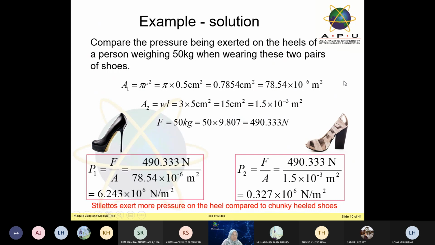So as a conclusion, sometimes the question will ask you what you can conclude from your calculation. You need to give one conclusion. So stilettos exert more pressure on the heel compared to chunky heel shoe. This one chunky. More surface area, less pressure, and vice versa.